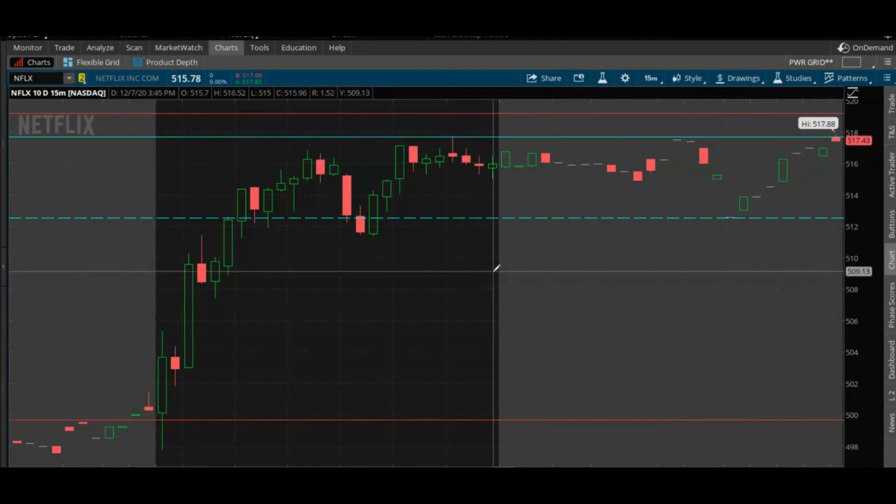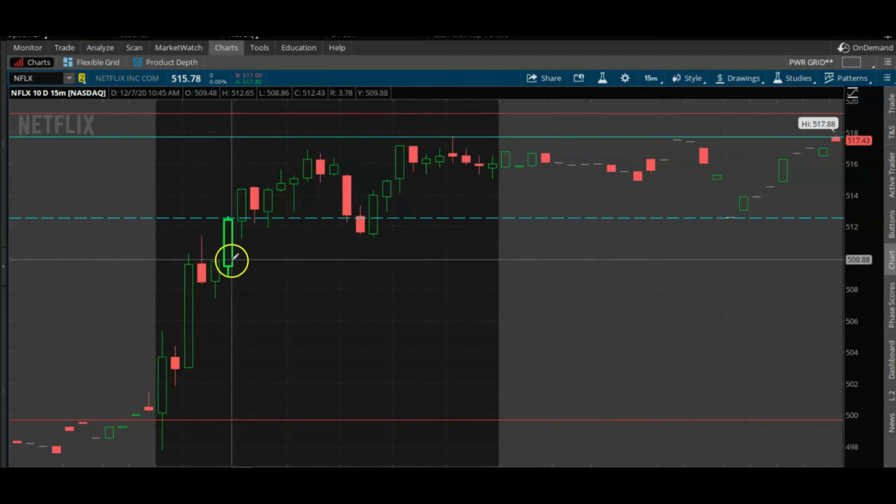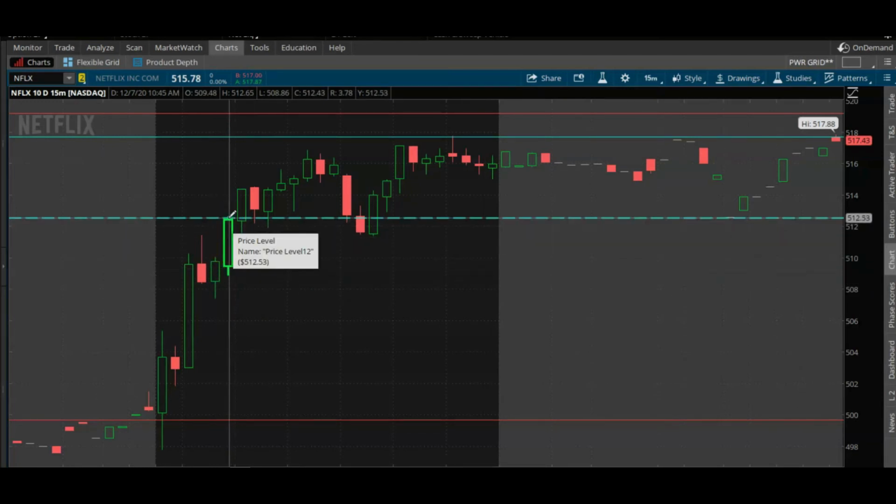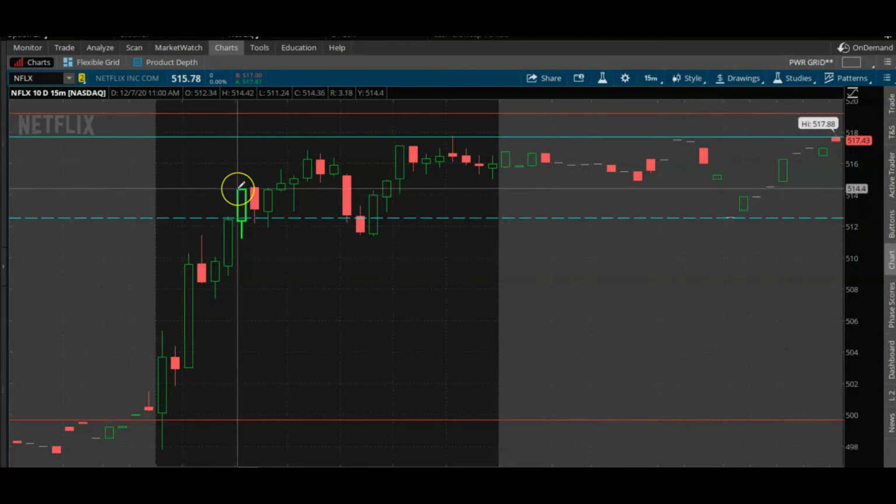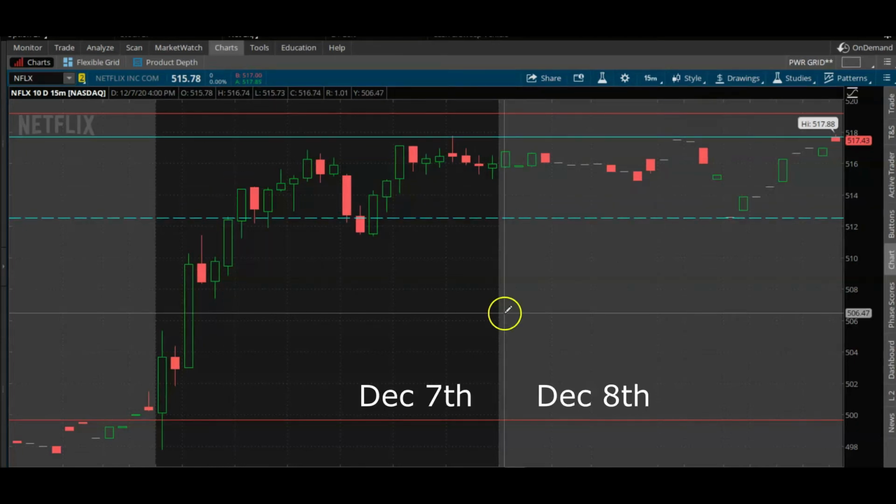Looking at what happened yesterday, we can see that this great big green candle approached this area, broke through it, and looking along, you can see further in time during the pre-market session, that level was respected again.